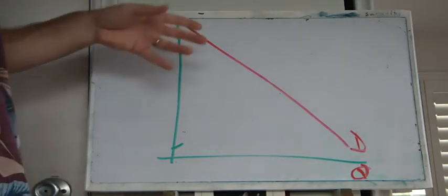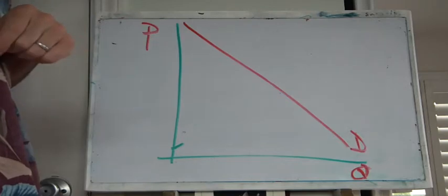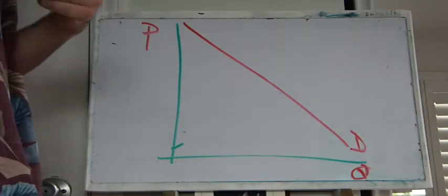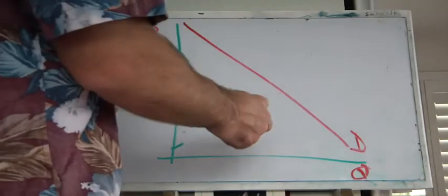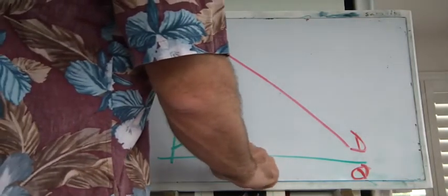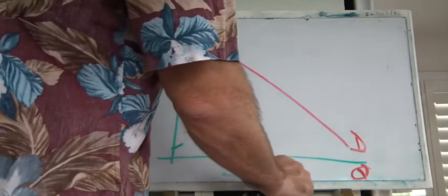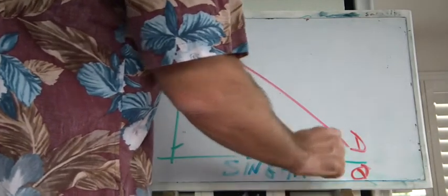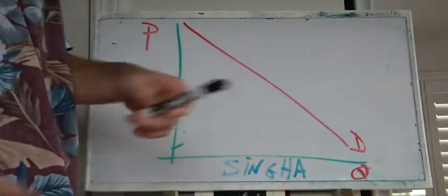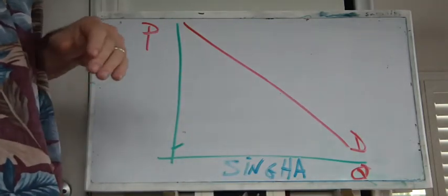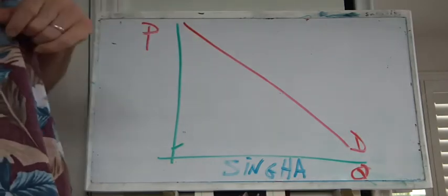So if we take the demand curve, we can ask questions like, what would cause the demand curve to shift? So let's say this is the demand for, let me just pick some random product, how about Singha beer? If this is the demand for Singha beer at any given price, what would cause it to change?